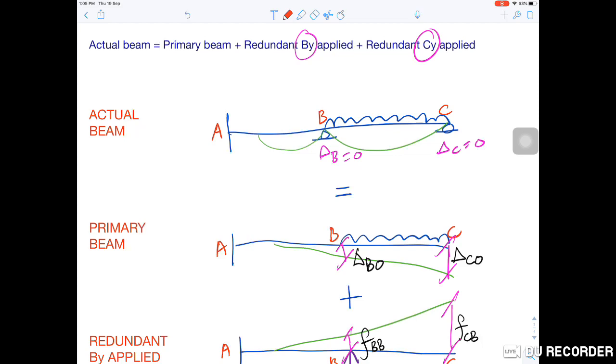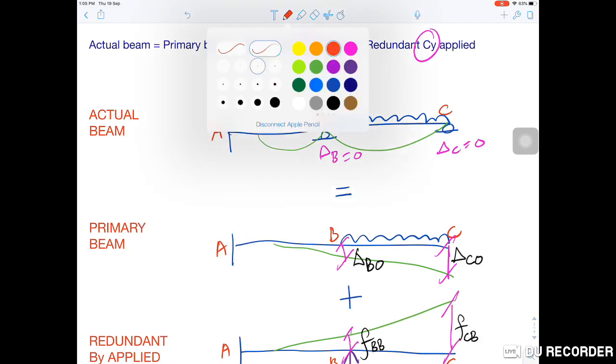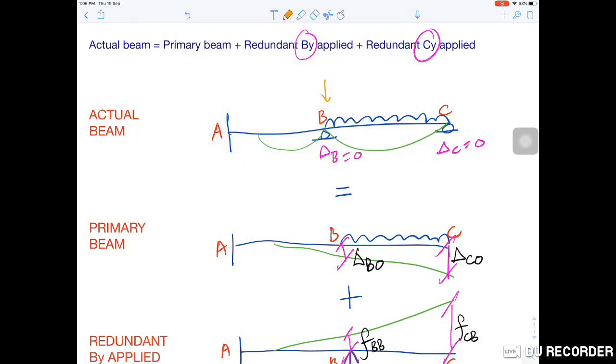The equation is written based on the redundant position. So we have B and C as the positions of redundant, so we will write equation 1 and equation 2.